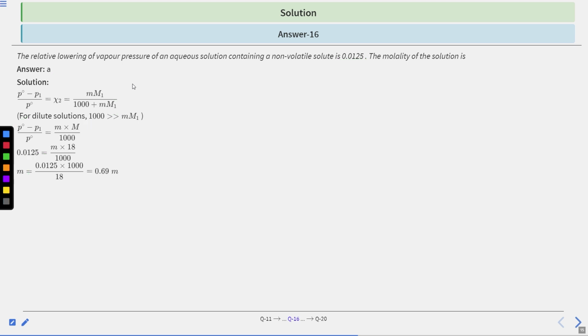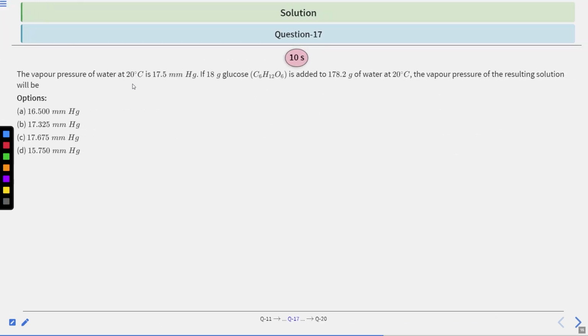Okay, so let's move to question number 17. The vapor pressure of water at 20 degrees Celsius is 17.5 mm of Hg. If 18 gram glucose is added to 178.2 gram of water at 20 degrees Celsius, the vapor pressure of the resulting solution will be. So we have to find out the vapor pressure of the resulting solution.